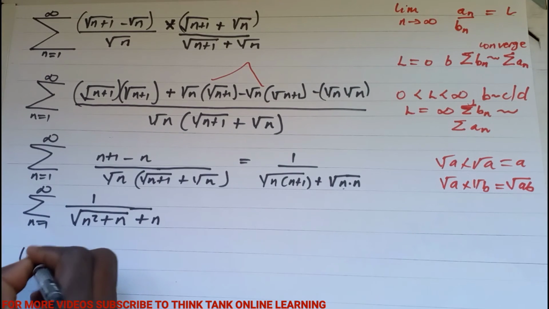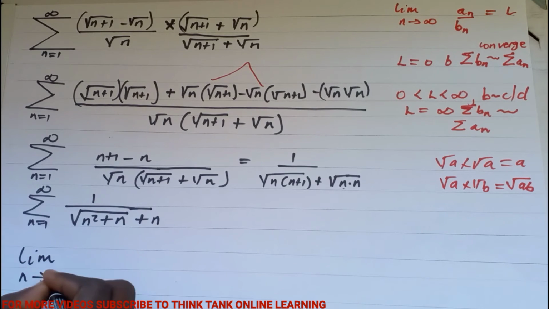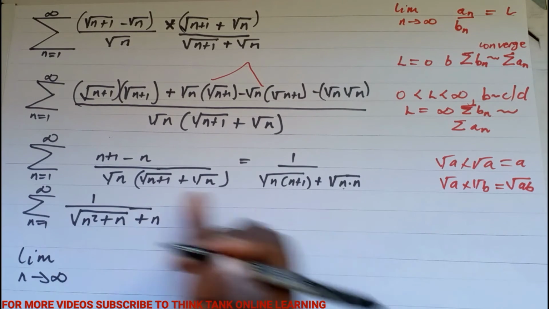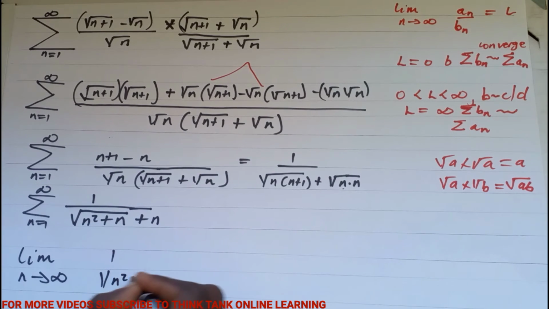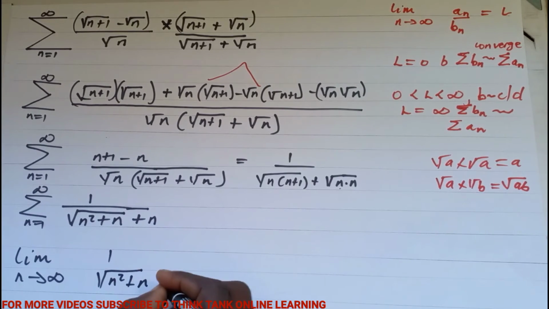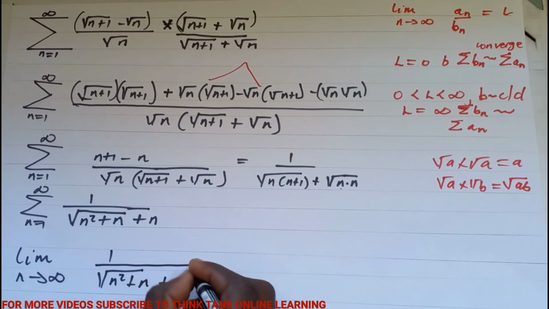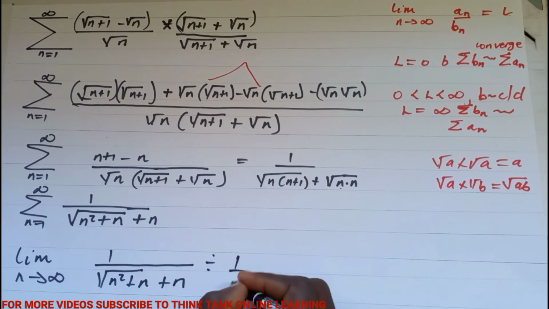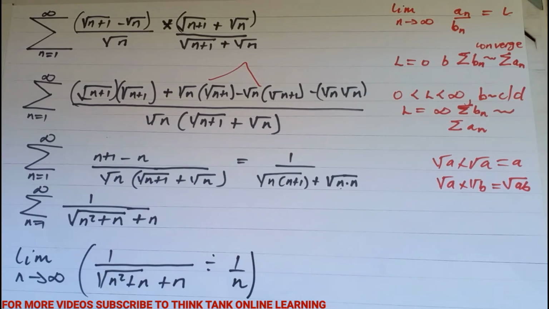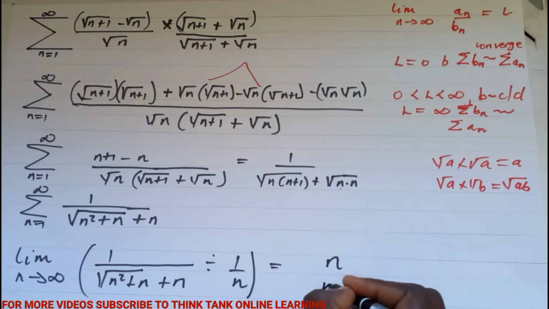So I'm going to say limit as n approaches infinity of this series 1 over root n squared plus n, divided by 1 over n. This is the same as changing to the multiplication sign. The numerator becomes the denominator, so the same as saying n over n squared plus n.